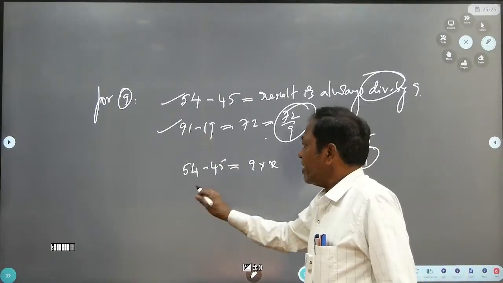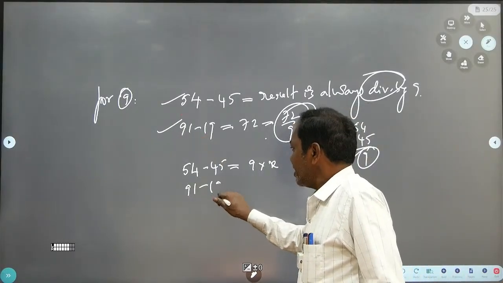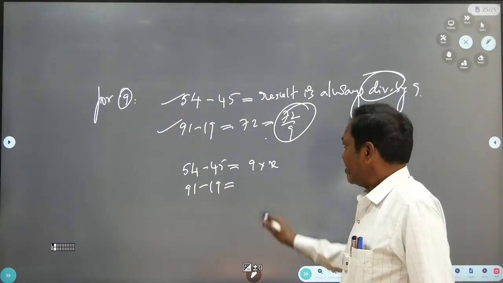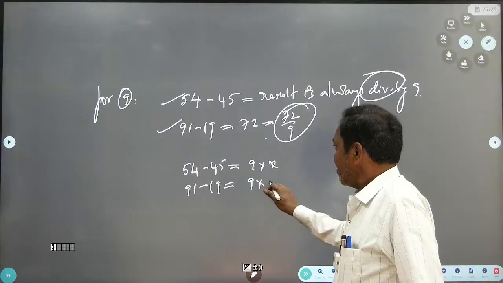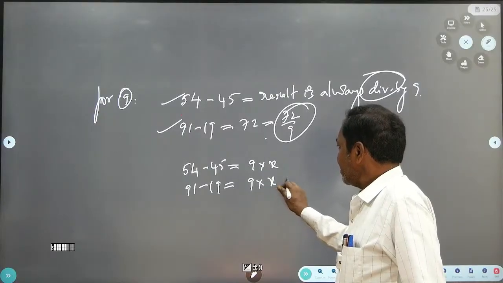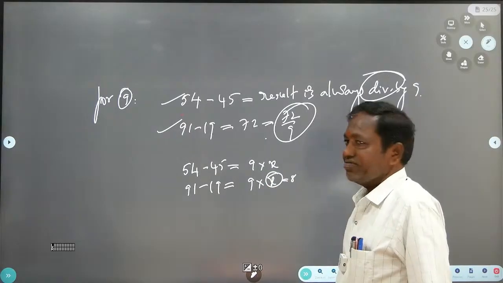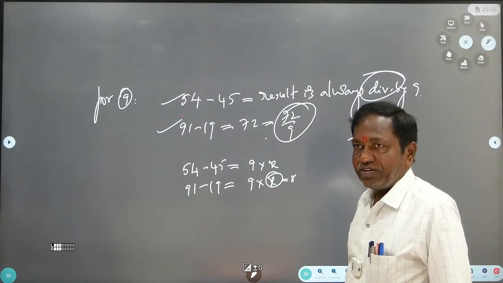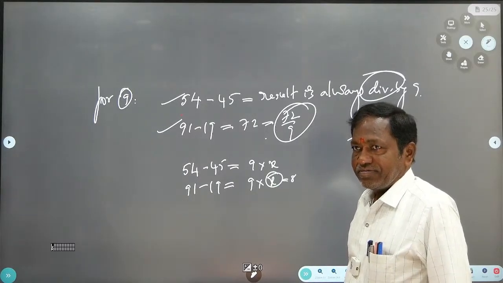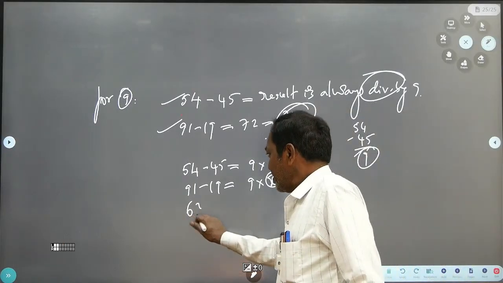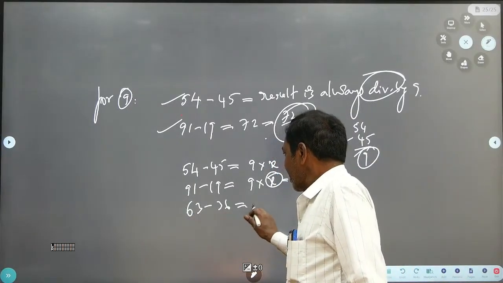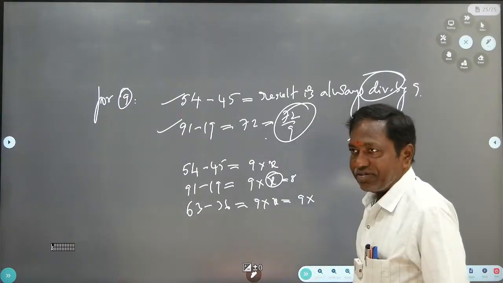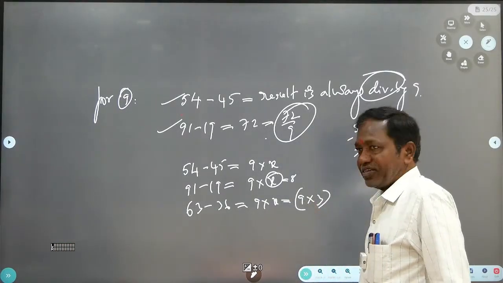For example, 91 minus 19: the difference between the digits is 8, so 9 into x, where x equals 8. Like 63 minus 36, 9 into x means 9 into 3, x value is 3.